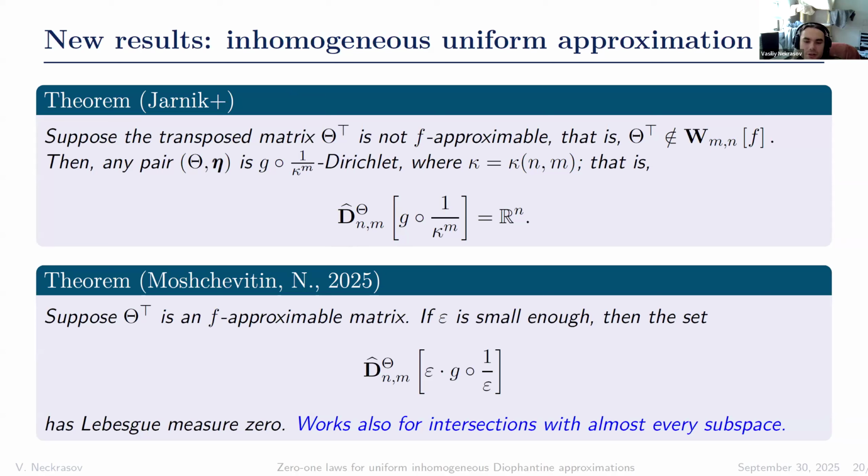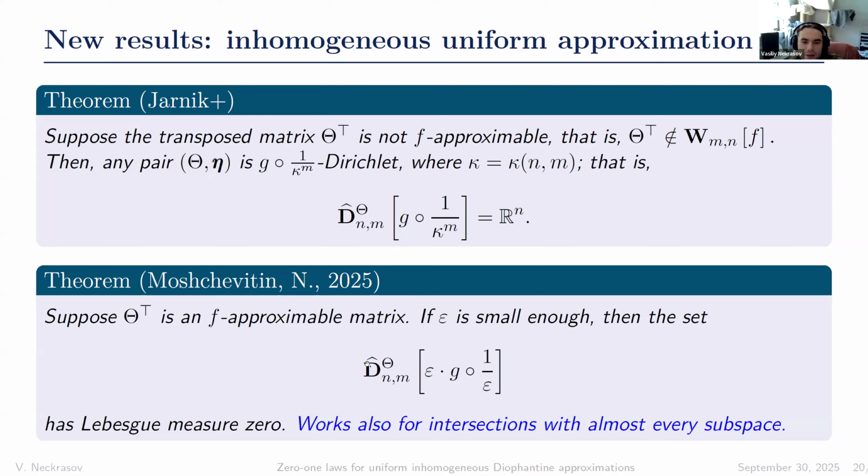Now, finally, talking about actually new results. The next question that I asked after we had the classical Dirichlet theorem is, how much can it be improved? How small is the set of matrices where we can improve Dirichlet theorem?